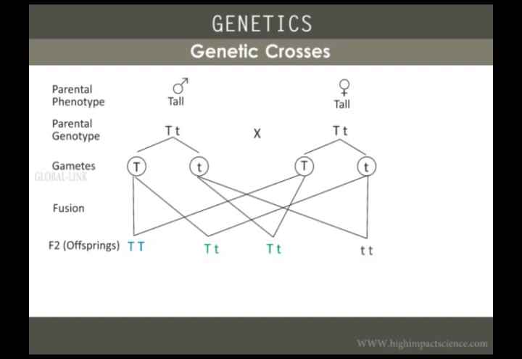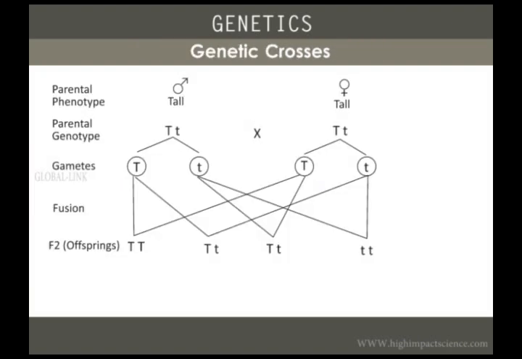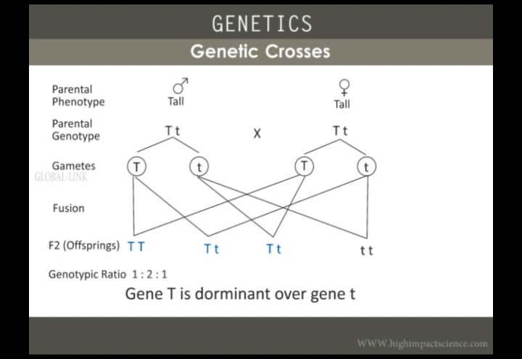In his experiment, Mendel obtained 3 tall plants and 1 dwarf plant. And this is because in the homozygous capital T, capital T and heterozygous capital T, small t, the gene for tallness, that is capital T, is dominant over the gene for dwarfness, and so the 3 plants will be tall.